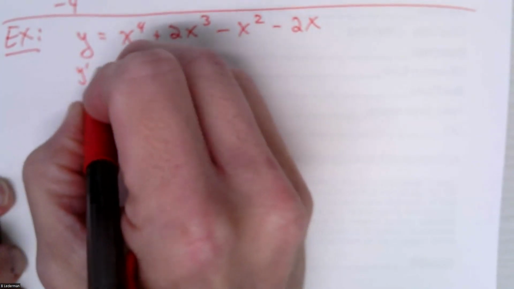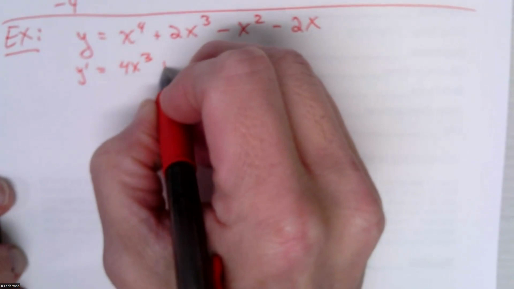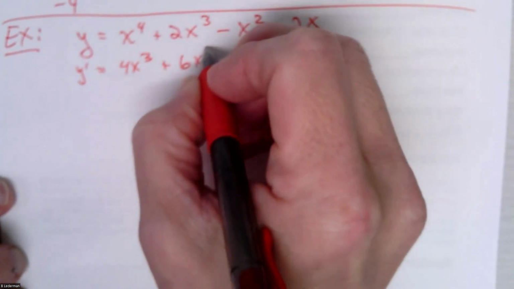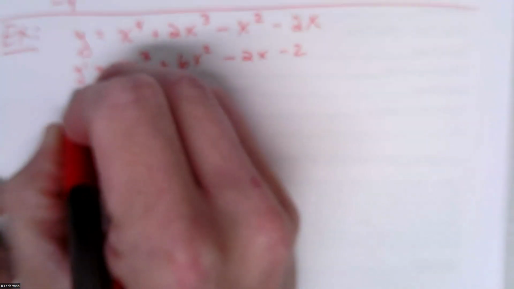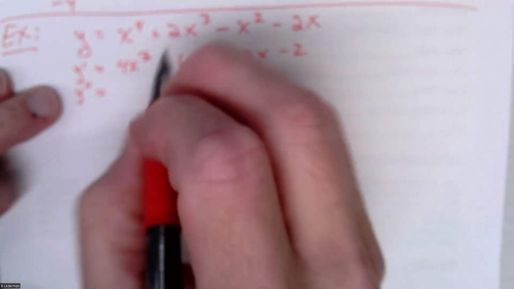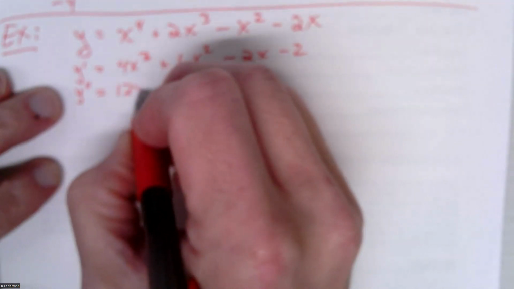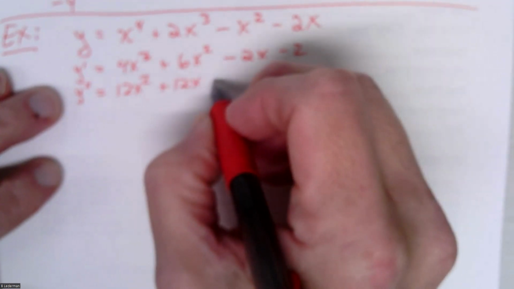So y prime is equal to 4x cubed plus 6x squared minus 2x minus 2, and y double prime, which is what we're going to need for the concavity and so forth, is equal to 12x squared plus 12x minus 2.